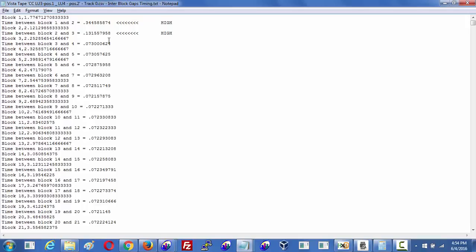Does that make sense? Yes, it does, because I'm only measuring the ends of the blocks. So I guess I misspoke. What we have here is a combination of the gap between the end of the last block of a file and the file mark, as well as the fact that the block is twice as long as the other blocks. So I need to point out that there's some variation in my calculation here.